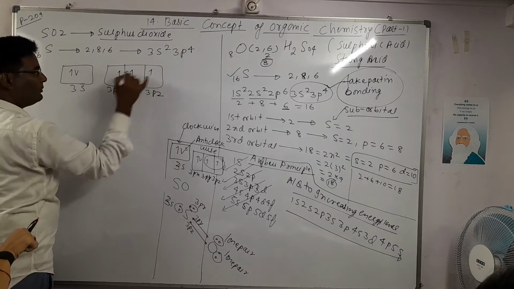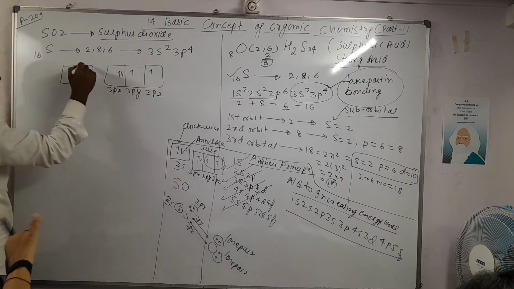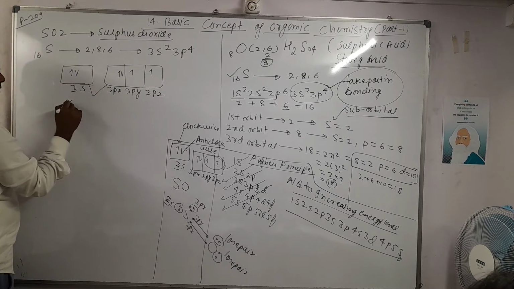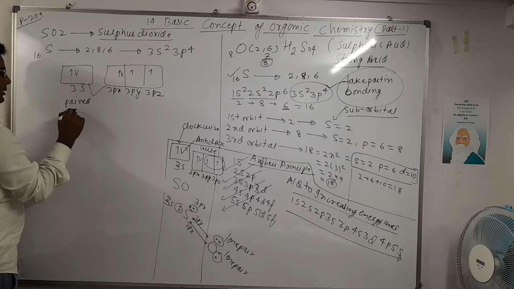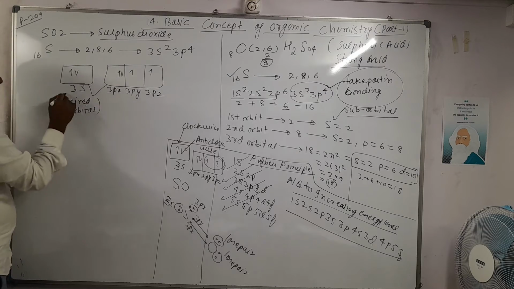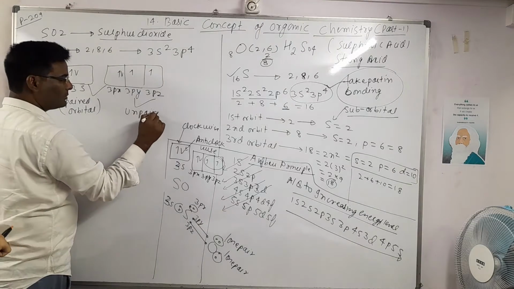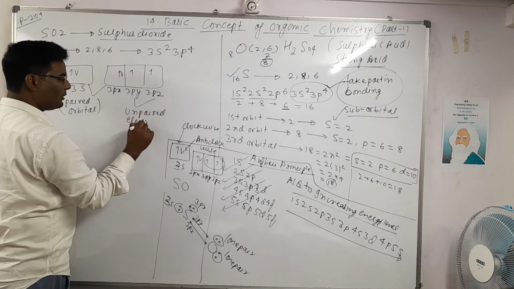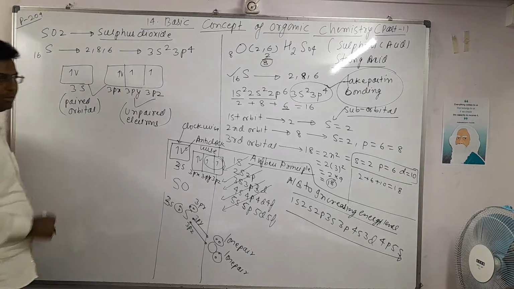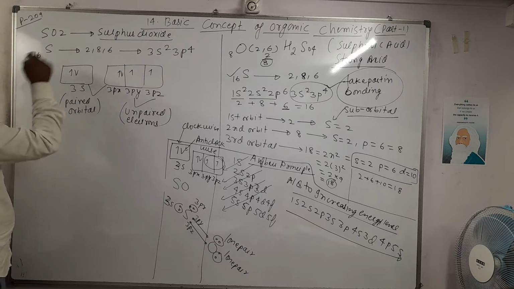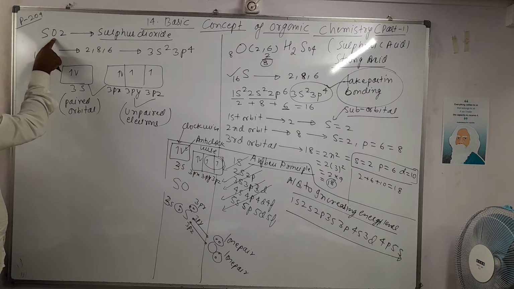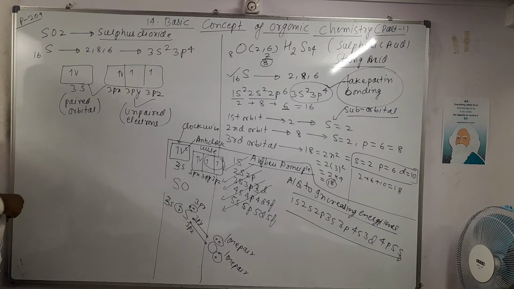So this one is called a paired orbital, and the last ones are called unpaired electrons. In SO2 there are two oxygens, right?